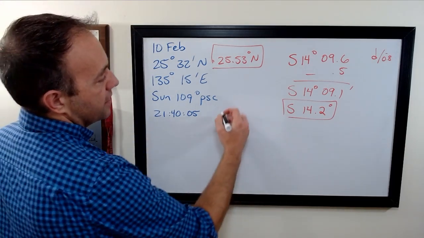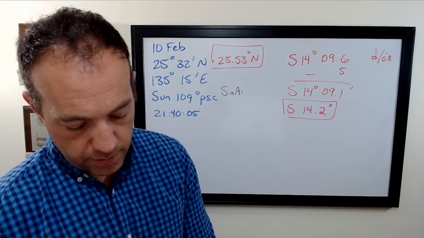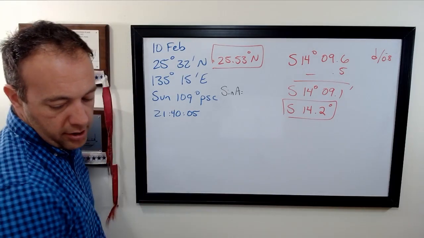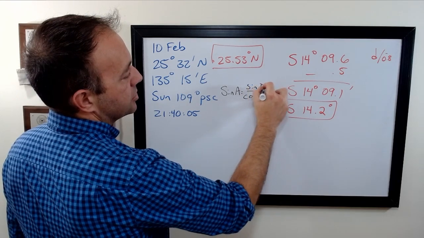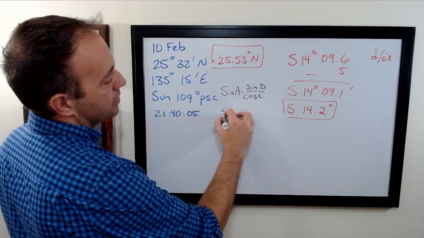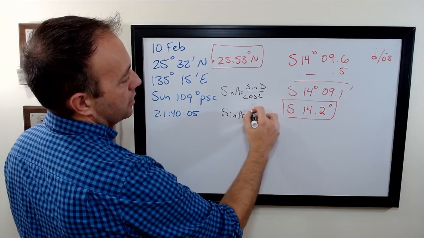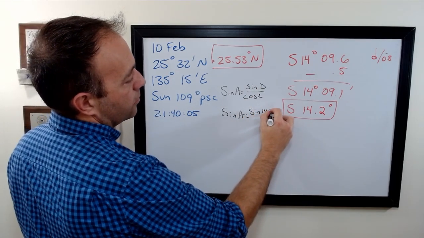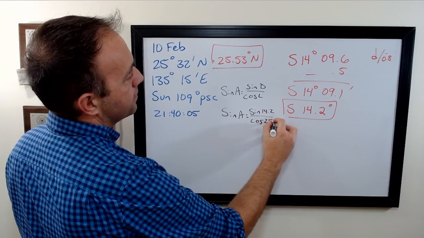All right, so the sine of our amplitude is equal to our sine declination over cosine latitude. So we're plugging in numbers here. The sine of your amplitude equals the sine of your declination, 14.2, over the cosine of your latitude, 25.53.